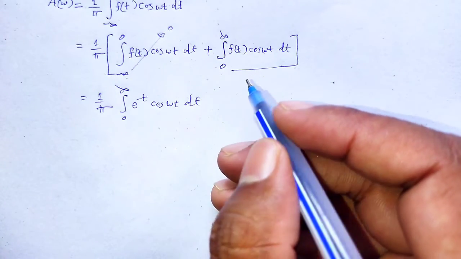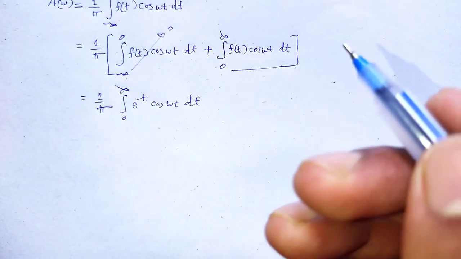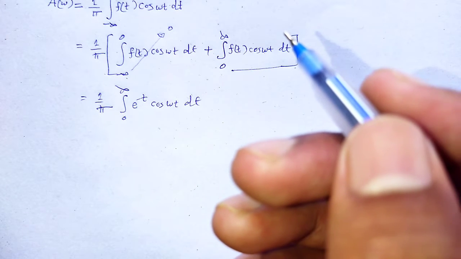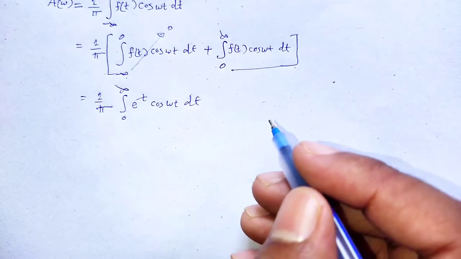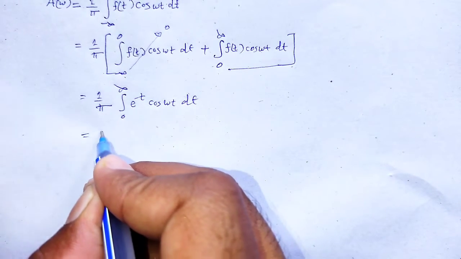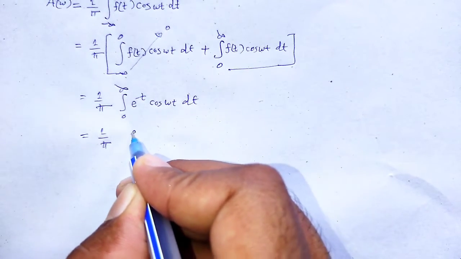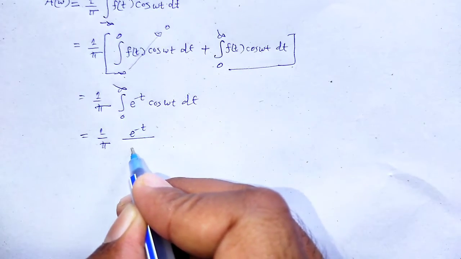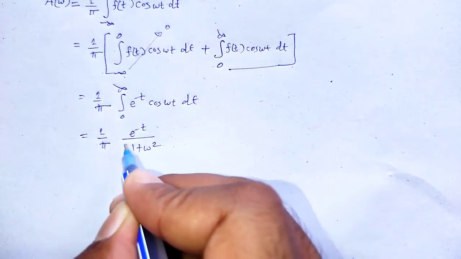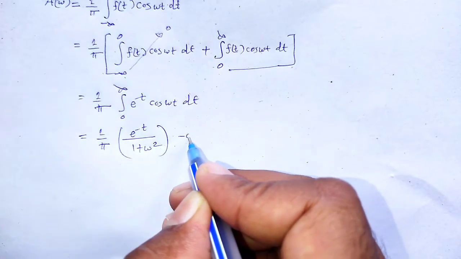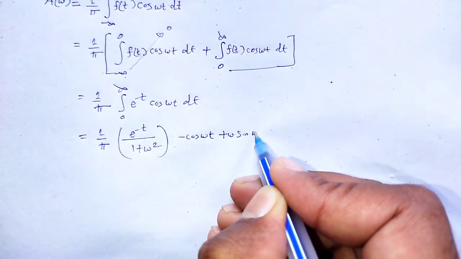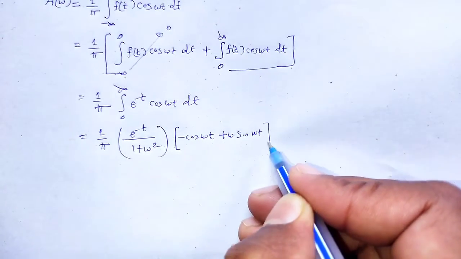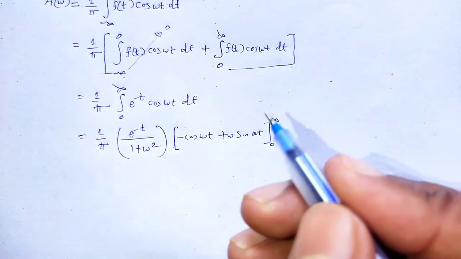So, the result is equal to 1 by pi, e to the power minus t divided by 1 plus omega square, times minus cos omega t plus omega sin omega t, with limits from 0 to infinity.